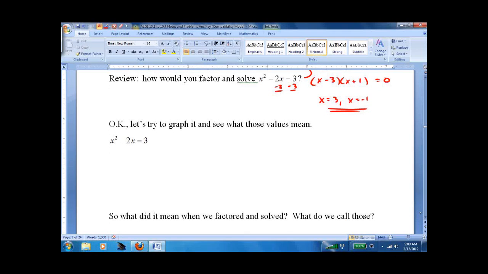Now, let's graph it. And that's what we've been doing. Move the 3 over. x squared minus 2x minus 3 equals 0. x equals negative b over 2a to find the axis of symmetry. x equals 1.